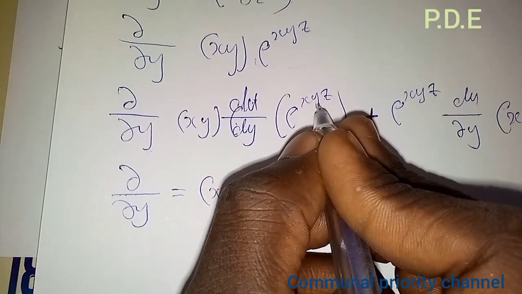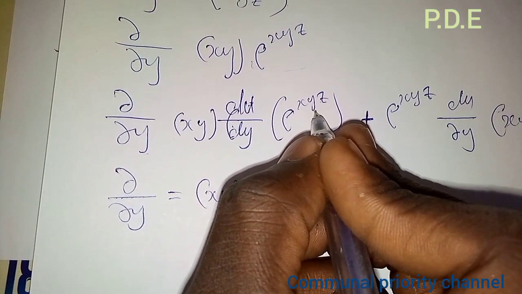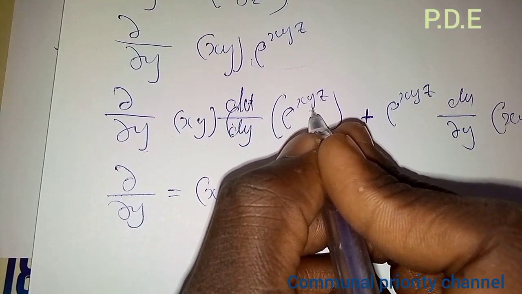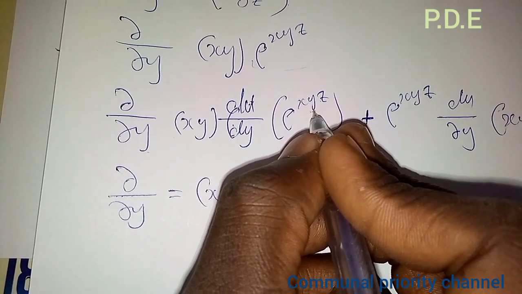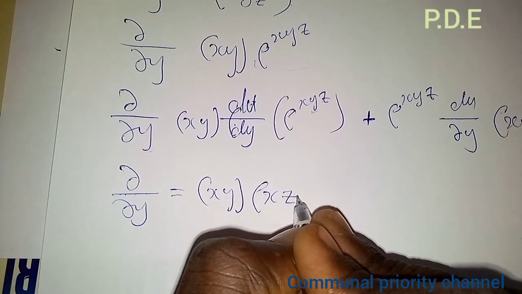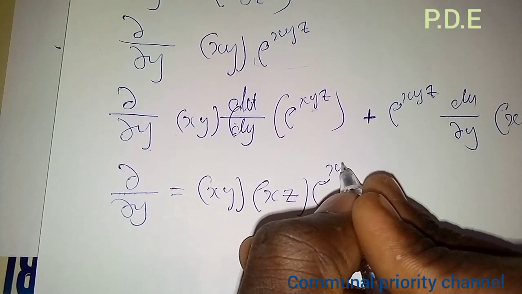If we are differentiating with respect to y, then y will not be among them because y will be 1, and 1 multiplied by anything will be that number. So this will be (xz), then e^(xyz).